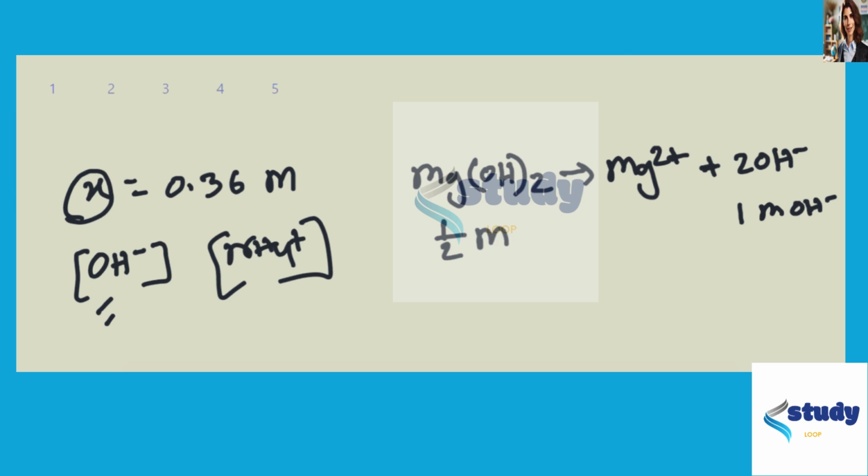For 1 molar magnesium hydroxide we get 2 molar hydroxide, so for 1 molar hydroxide we have half molar magnesium hydroxide.